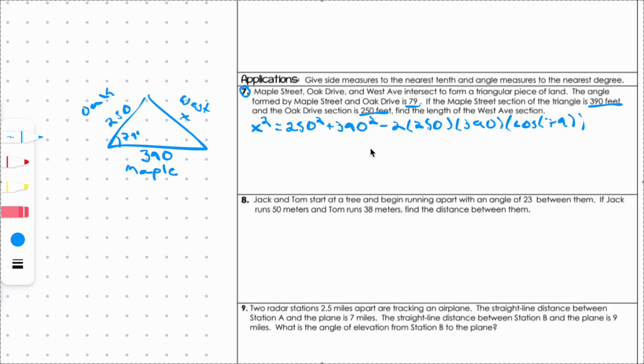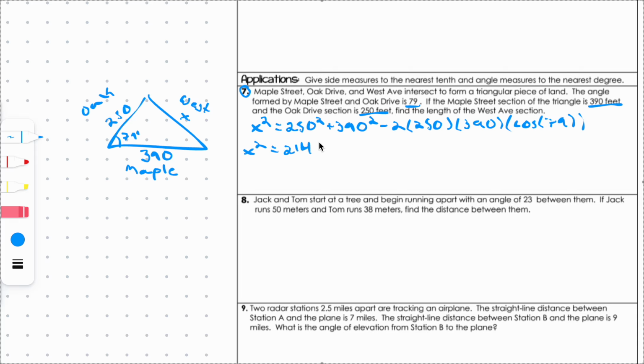Now we just have to evaluate this. x squared equals, 250 squared gives us 62,500. 390 squared gives us 152,100. When we add those together, we get 214,600.